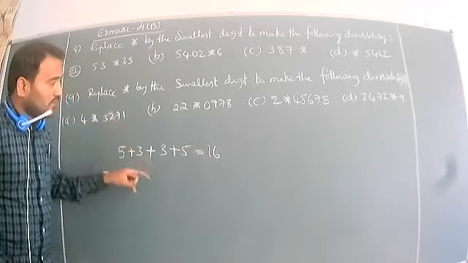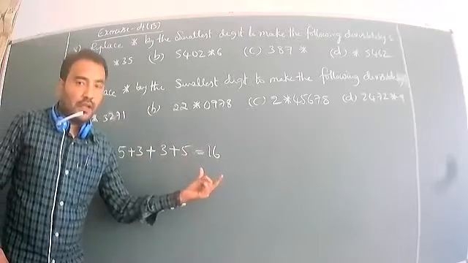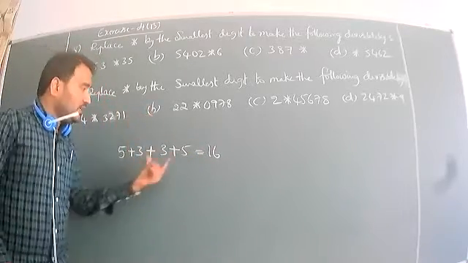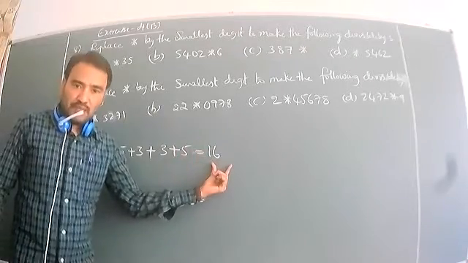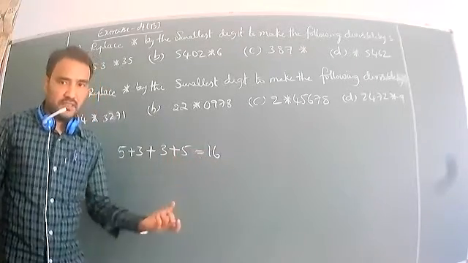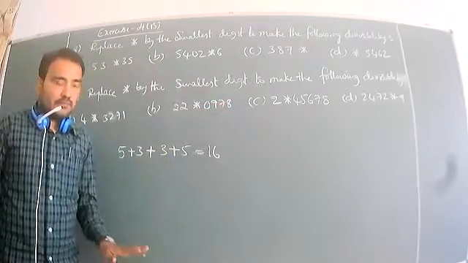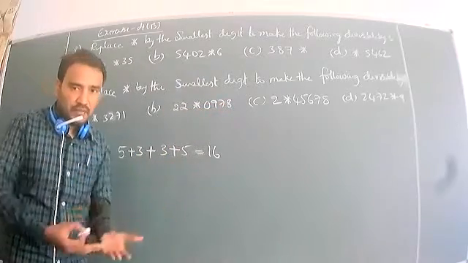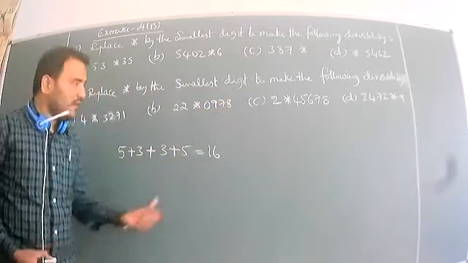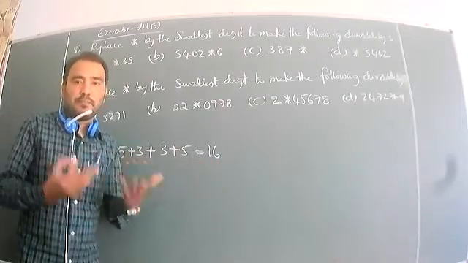Which number should we add so that the number becomes a multiple of 3? We cannot go less than 16, so we should add the smallest number that makes it a multiple of 3.